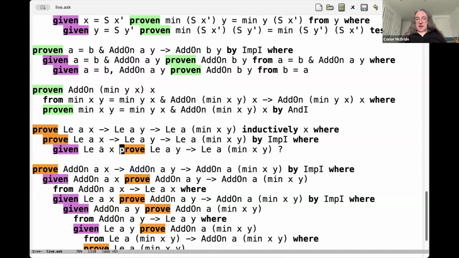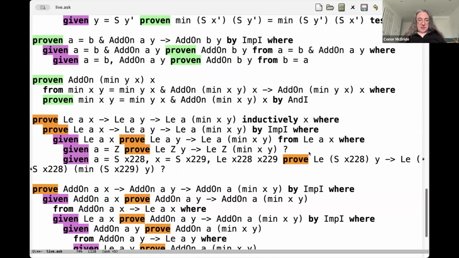And because I know that if I ask why this is true, I'll learn something about A. I've still got A's in both of these pieces of my goal, so I'm not going to introduce this assumption until after I've made use of this given. So if I say from A is less than or equal to X, I'll get two cases with terrible names.